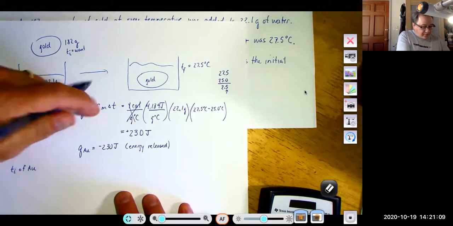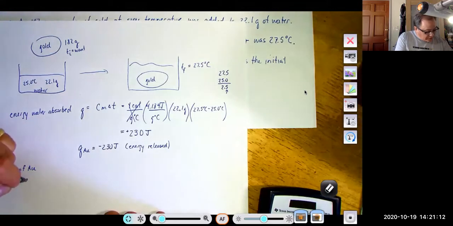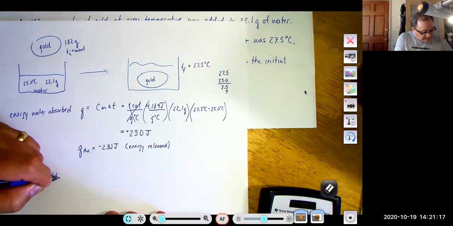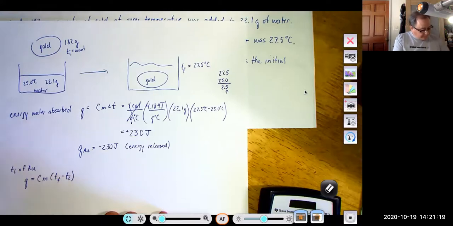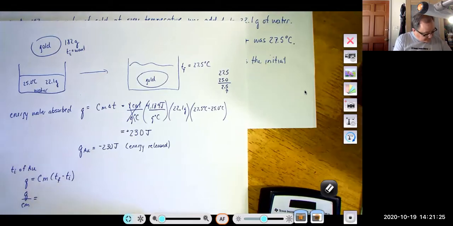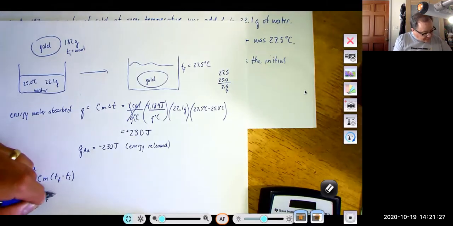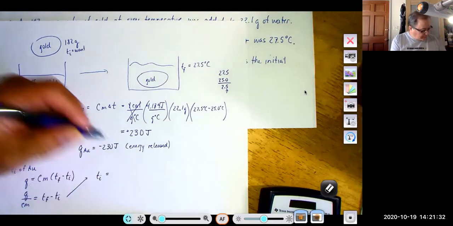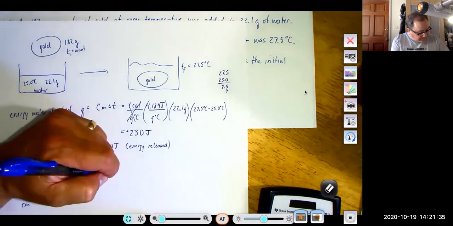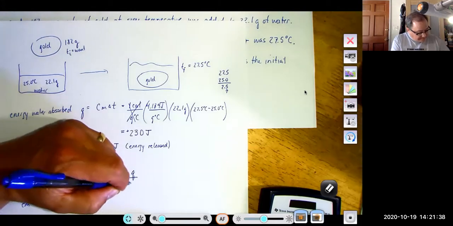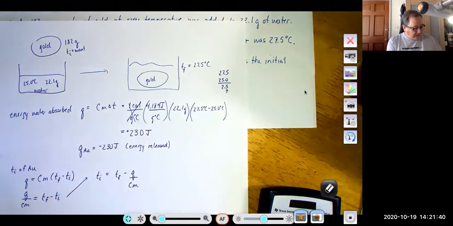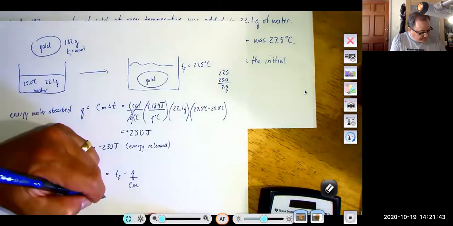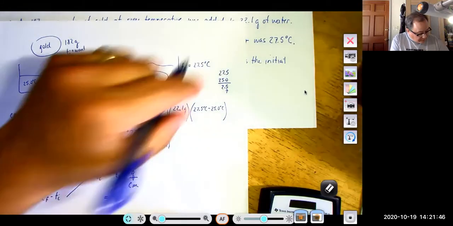I'll go ahead and start off with this formula here. Q is equal to Cm times T final minus T initial, which is Q over Cm is equal to T final minus T initial, which becomes T initial is equal to T final minus Q over Cm. Okay, so let's plug the values in here. T final is 27.5.